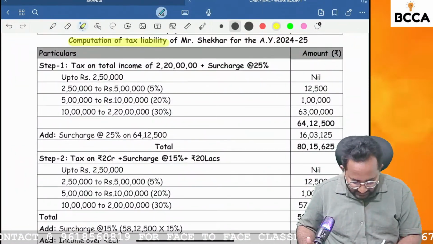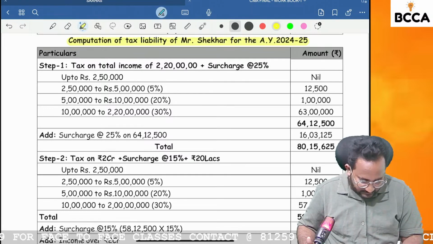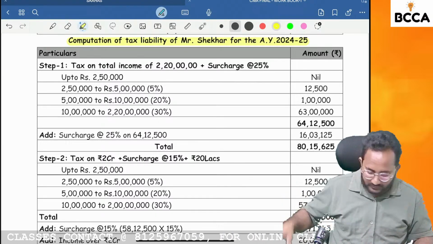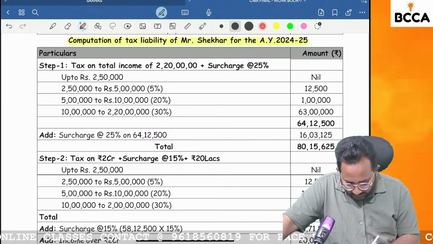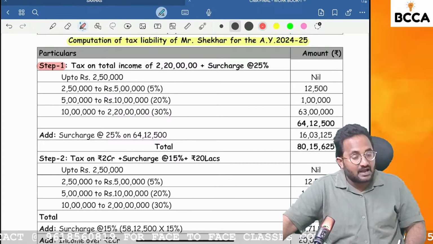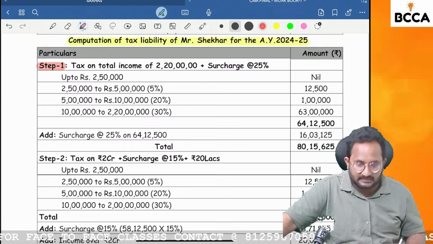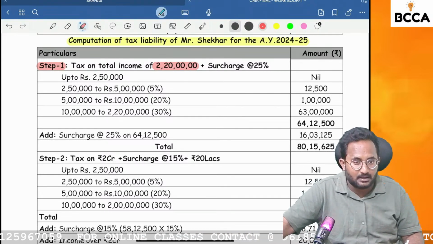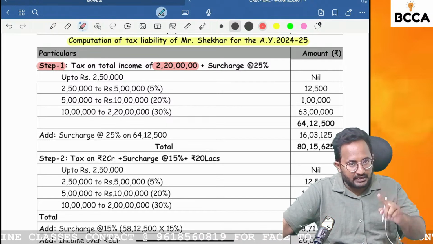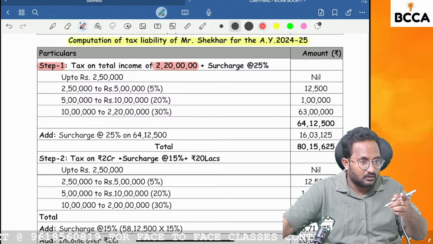Computation of tax liability of Mr. Shekhar for the assessment year 24-25. Can you tell me what is step 1? Tax on total income including surcharge. 2.2 crores related surcharge. Please let me know how much: 50 lakh to 1 crore, 10%. 1 to 2, 15%.